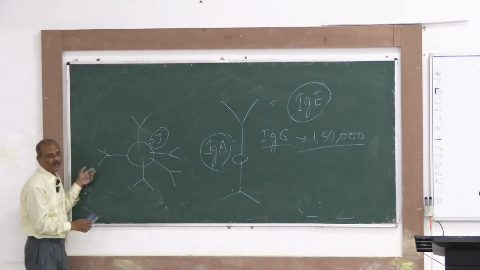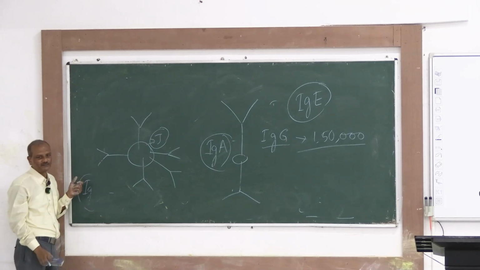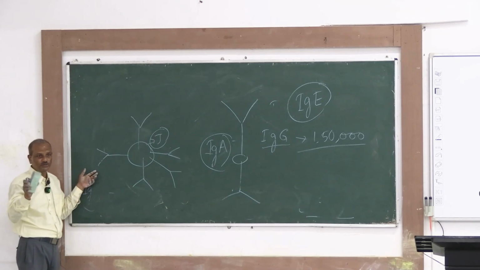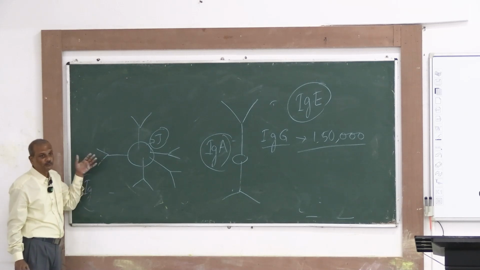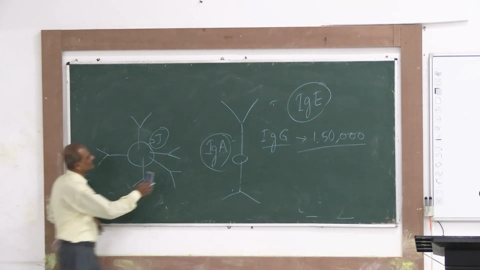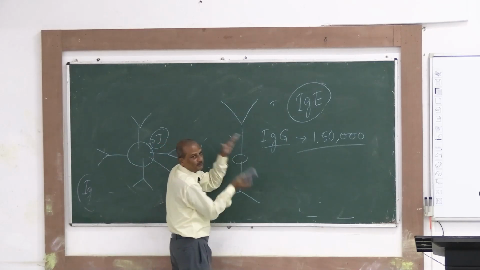So, now you see the IgM is a pentamer. So, it is having 10 binding sites. And this IgM is produced during the primary response. IgG is present in the secondary response. IgM is a very powerful agglutinating agent. See, when antigen and antibody react, they make a precipitate.